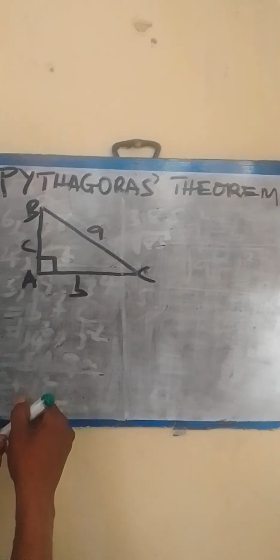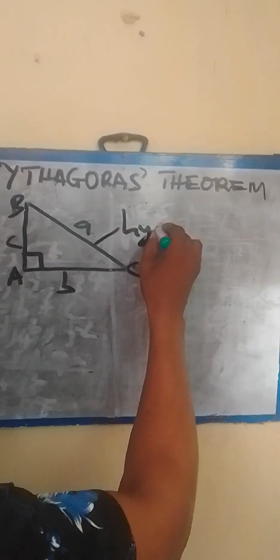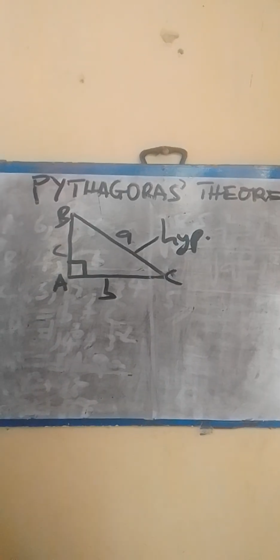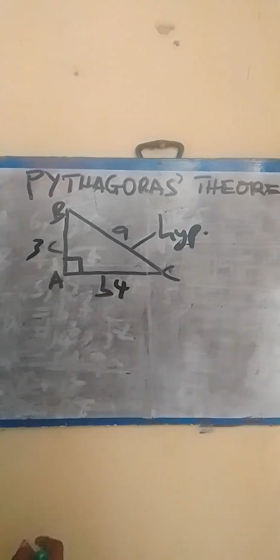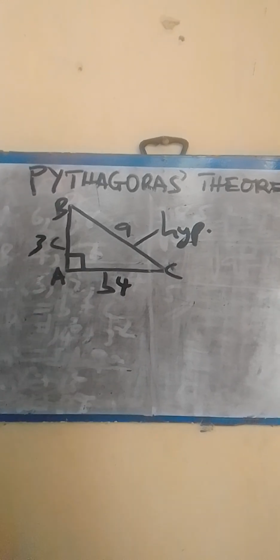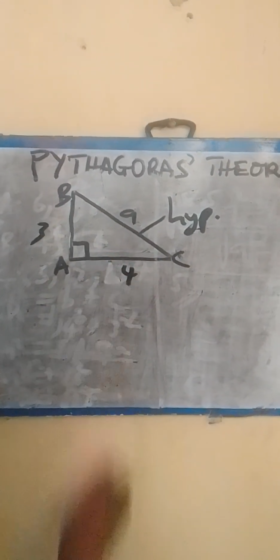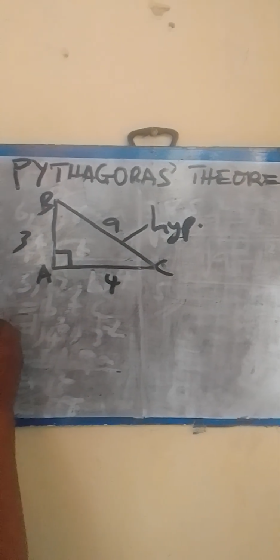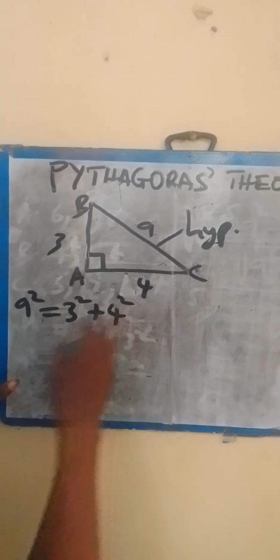This is a right angle triangle. The longest side of a right angle triangle is called the hypotenuse. So now we want to see how we can do some calculation. If here is 3, here is 4, and you are asked to look for A, you simply apply A squared is equal to 3 squared plus 4 squared.